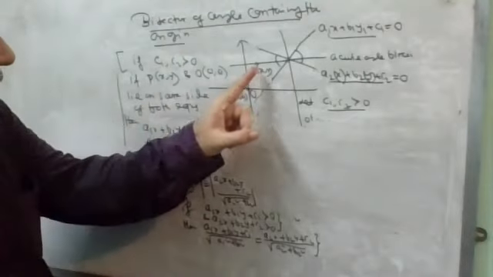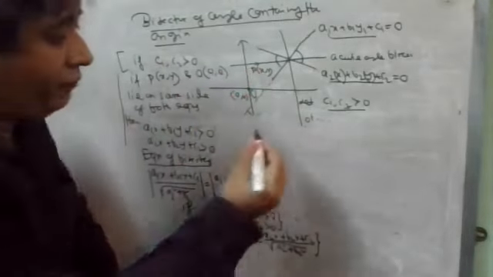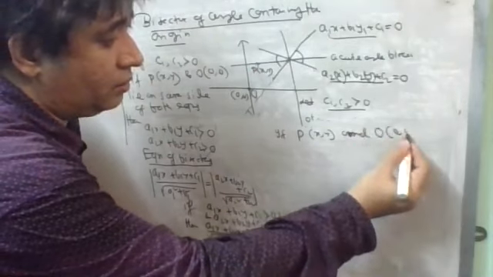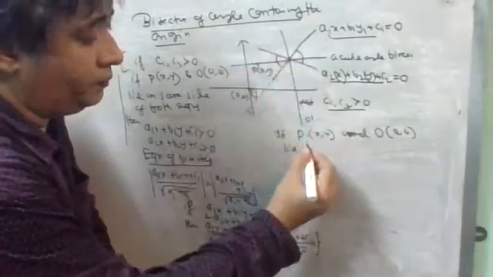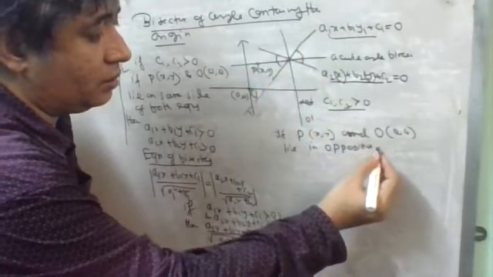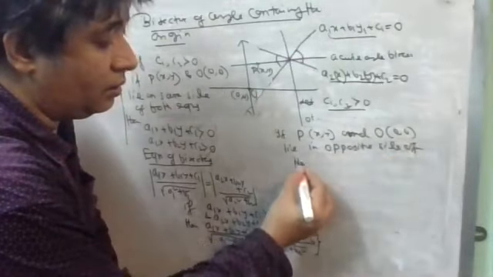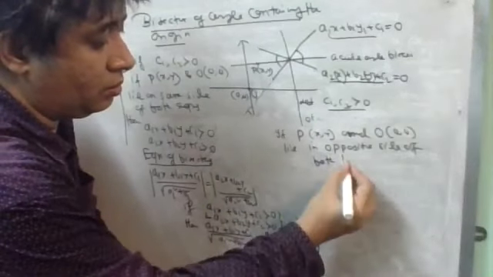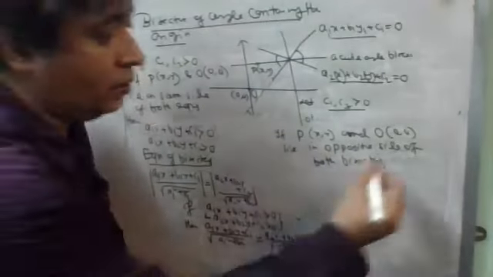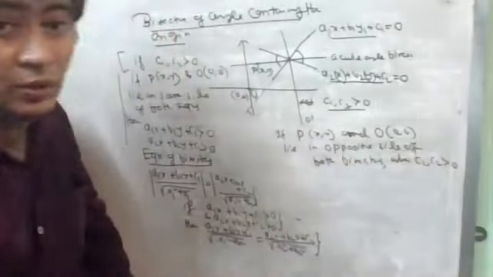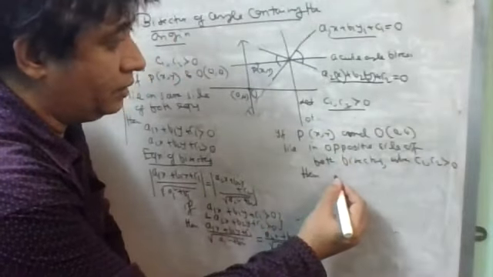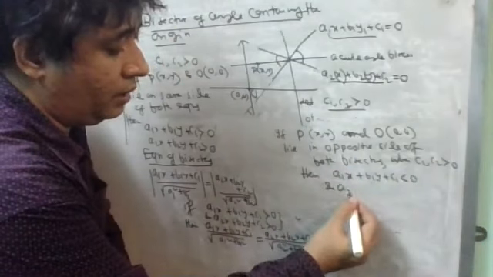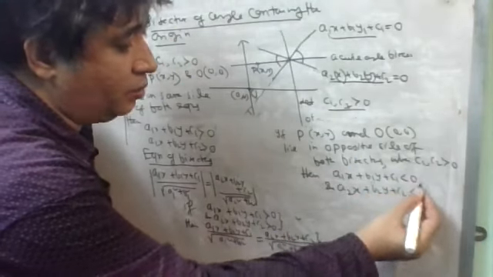Now, if P(x, y) and the origin lie on the opposite side of both bisectors, where C1 C2 greater than 0, then I can write A1x + B1y + C1 less than 0 and A2x + B2y + C2 less than 0.